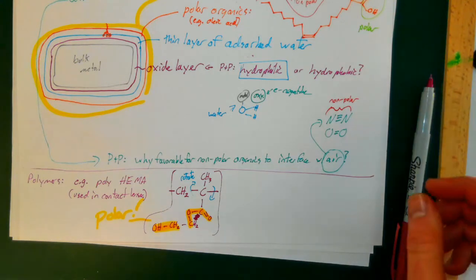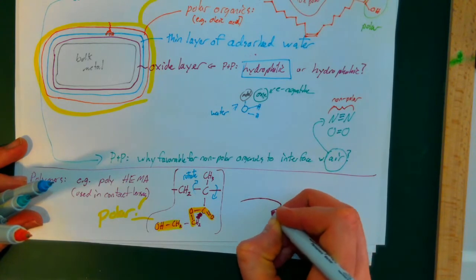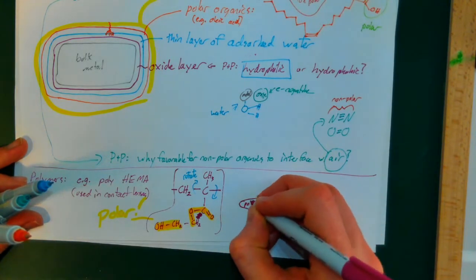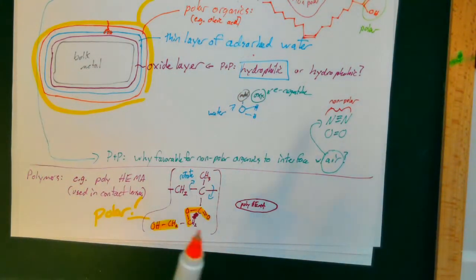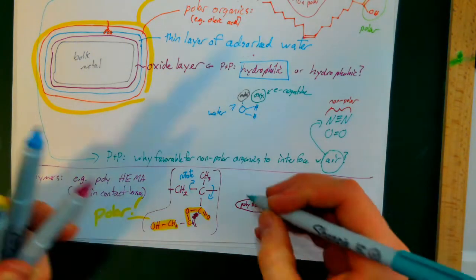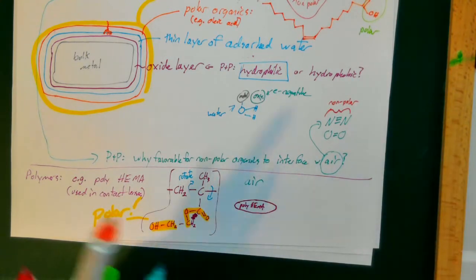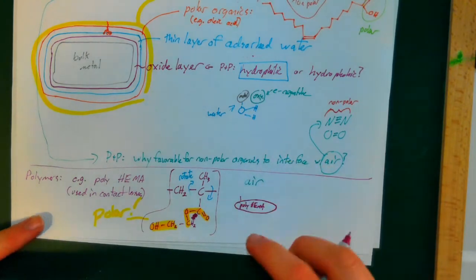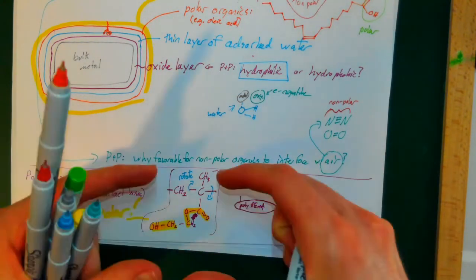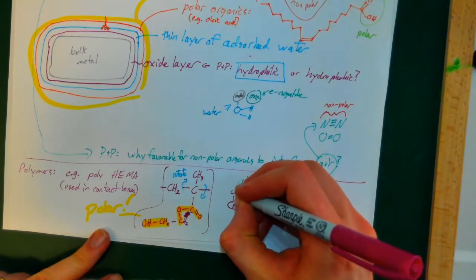So let's say I had a blob of polyHEMA, and I put that in contact with air, which if you remember is very nonpolar. Basically all of these molecules rotate to have their CH3 groups, their nonpolar groups, sticking out.